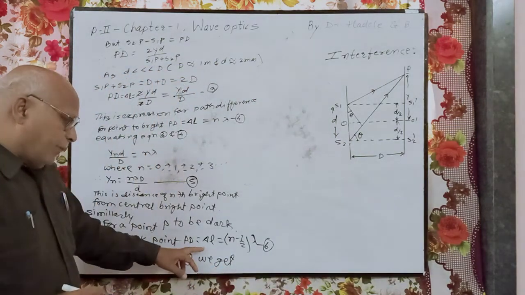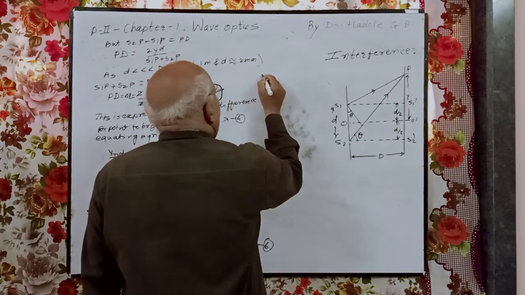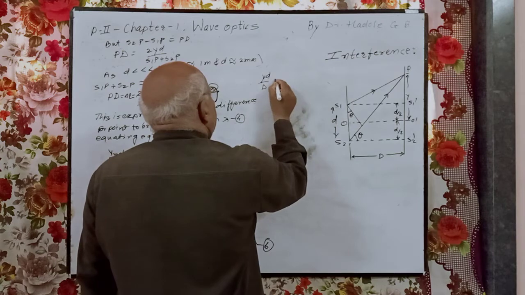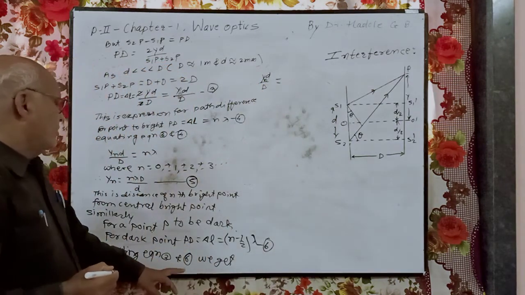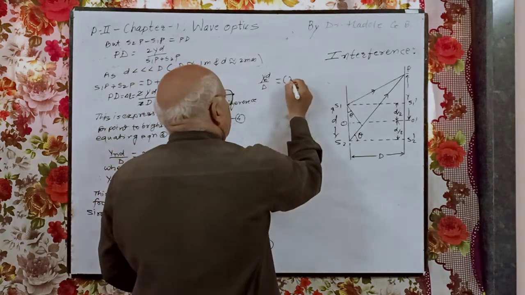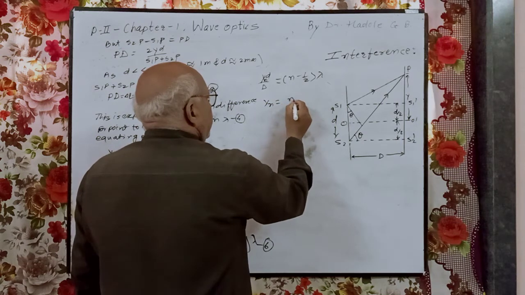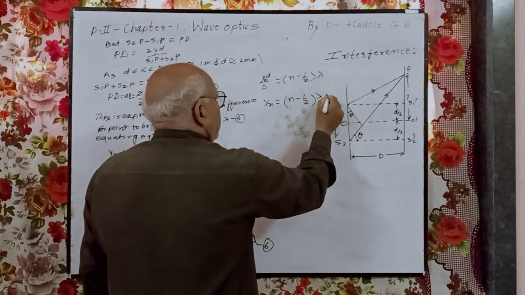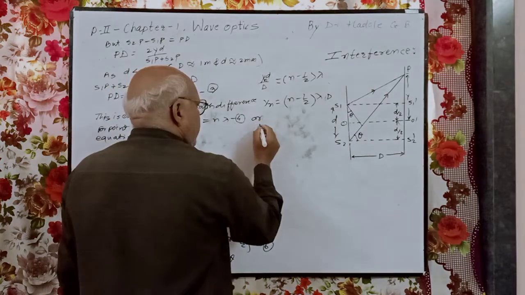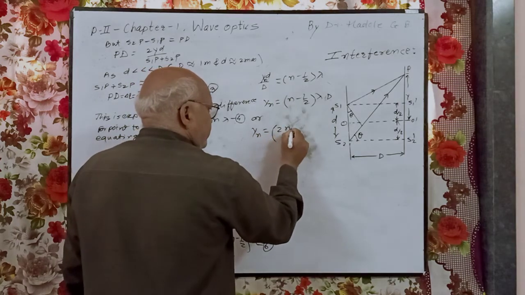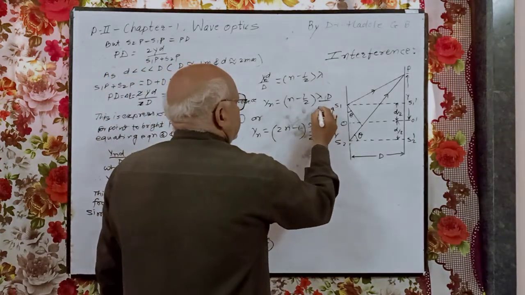So let us see here, this is the path difference, this is the path difference, and therefore equating these two equations we get YD upon capital D equal to n, and equation 6 is n minus half into lambda, and therefore Yn equals n minus half into lambda D, or we write Yn equal to twice n minus 1 into lambda D upon 2d. Here it is small d.